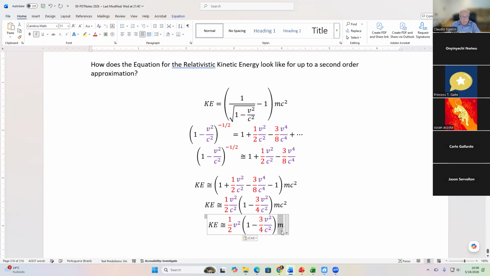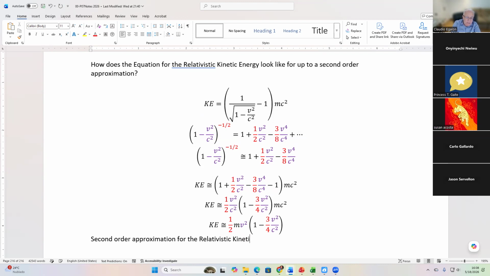Oh, I'm going to put my M next to V squared. Remind you that this guy is a kinetic energy. Okay, that's my second order approximation for the relativistic kinetic energy.